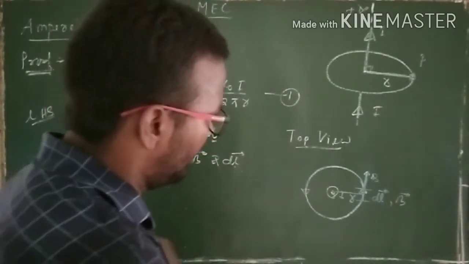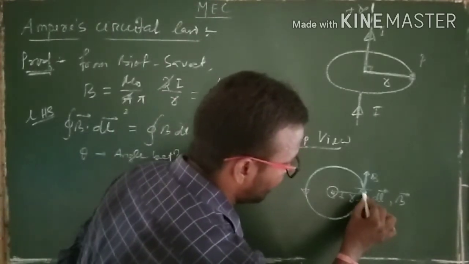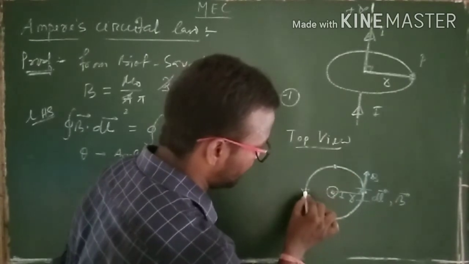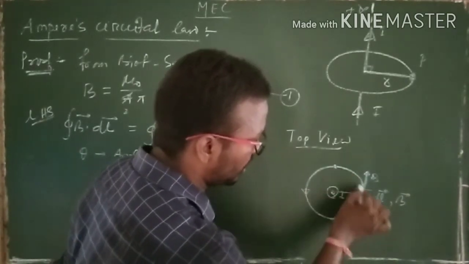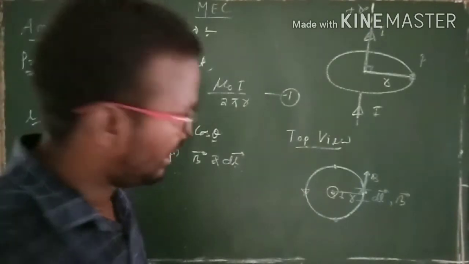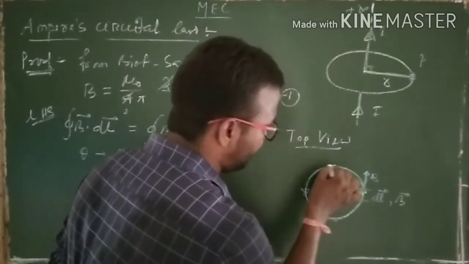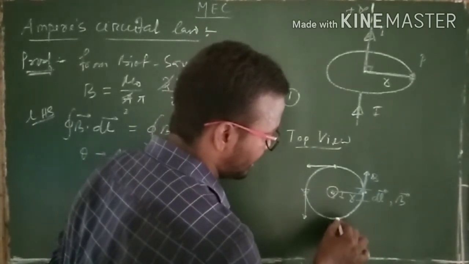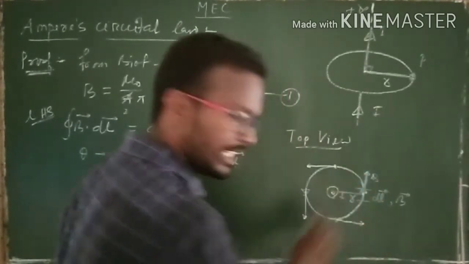Symmetry means that if you choose this point, another point here, and another point here, the magnetic field strength is equal at all 4 points, and the direction of the magnetic field at each point is along the loop.